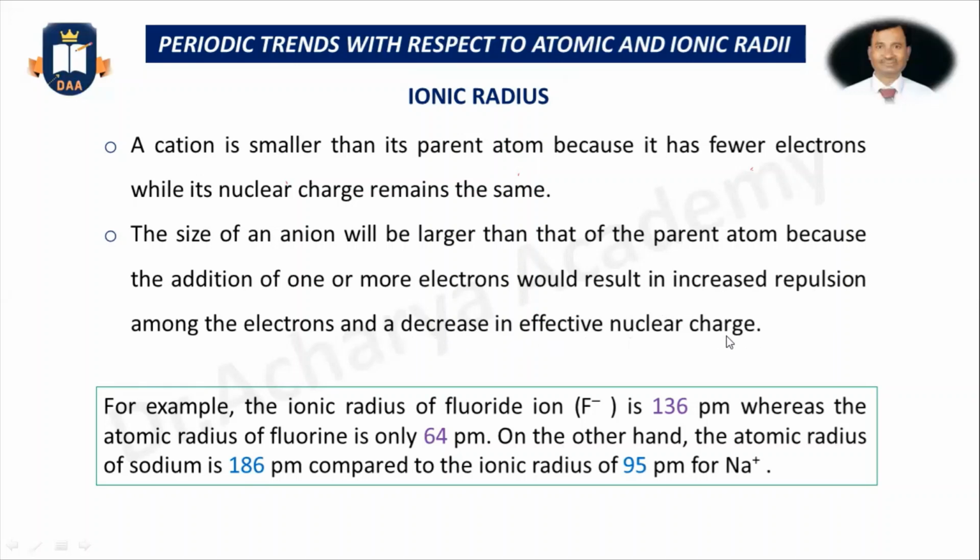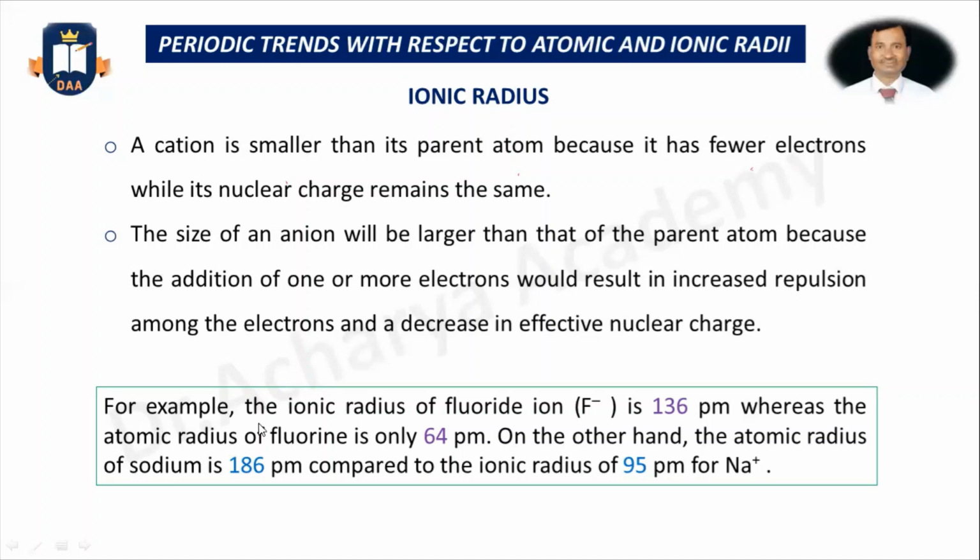Effective nuclear charge also will be decreased because the number of electrons increased. So with more electrons, per electron the effective nuclear charge will be decreased. These two points make the size of anions larger than that of the parent atom.